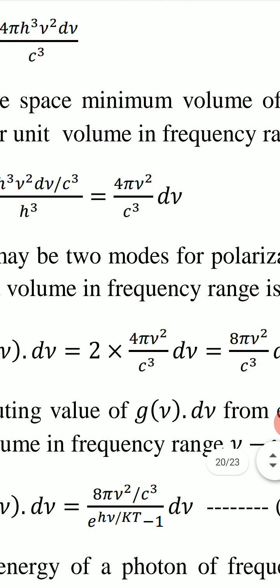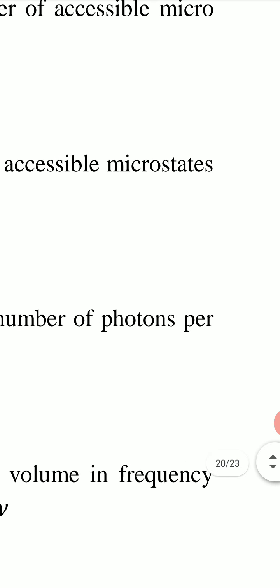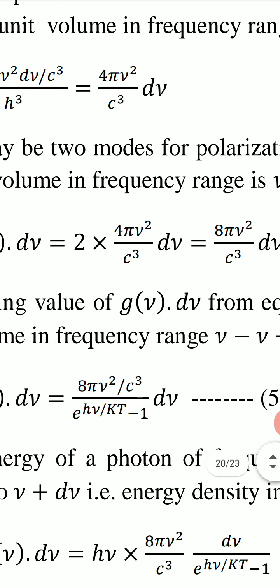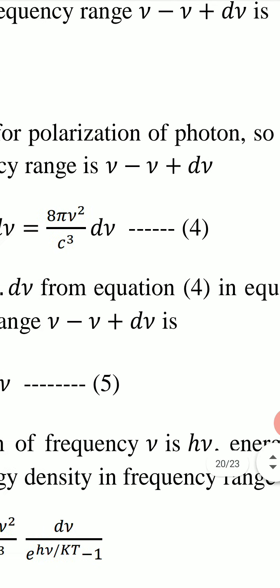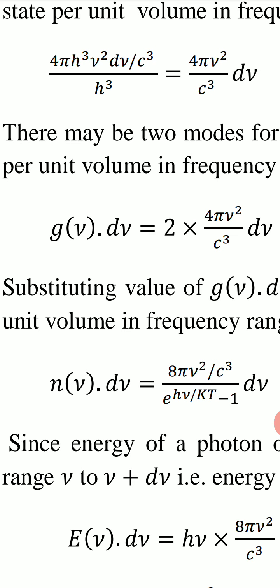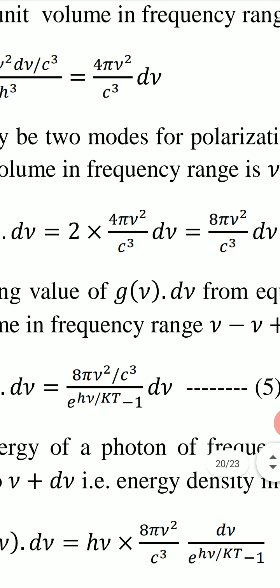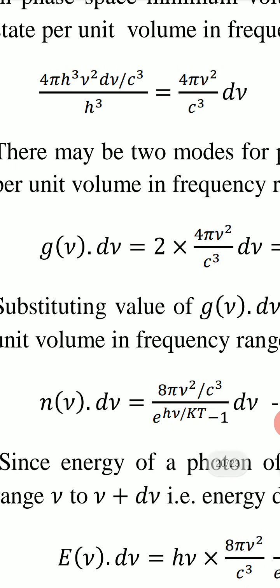There may be two modes of polarization of a photon. So the number of accessible microstates per unit volume in this frequency range nu to nu plus d nu will be 2 times. It is doubled because there are two modes of polarization of a photon.